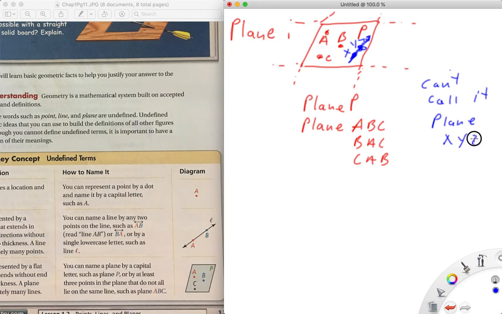The reason I can't call it plane XYZ is because XYZ is a straight line, and a straight line only goes in one direction, while a plane goes in two directions. Since it goes in two directions, we can't have something go in one direction and two directions at the same time. So you need to have 3 points that are not in the same line. By the way, there are many other ways I can call this plane with 3 letters, but I'm not going to show every single one. But you get the idea.